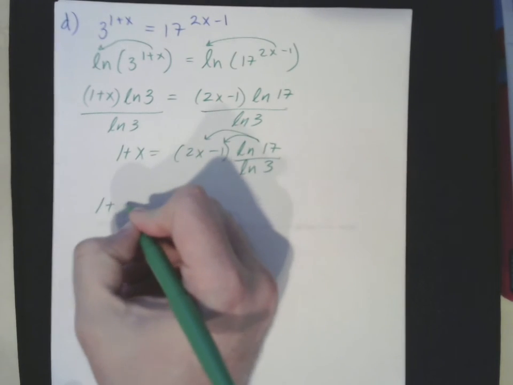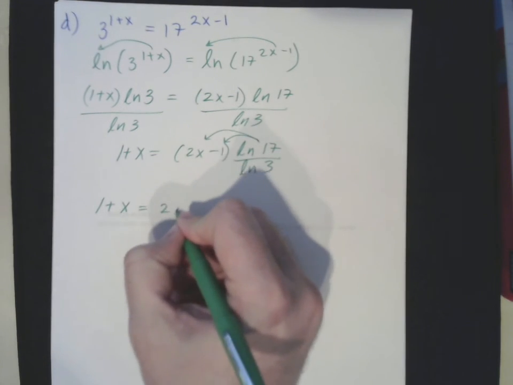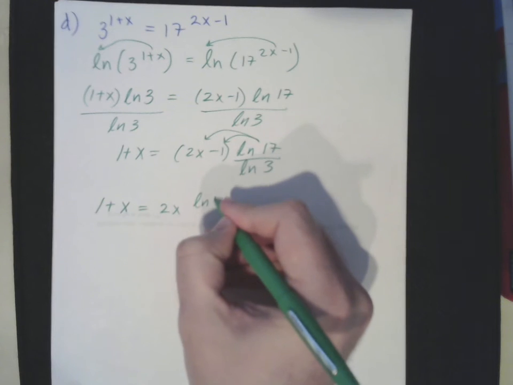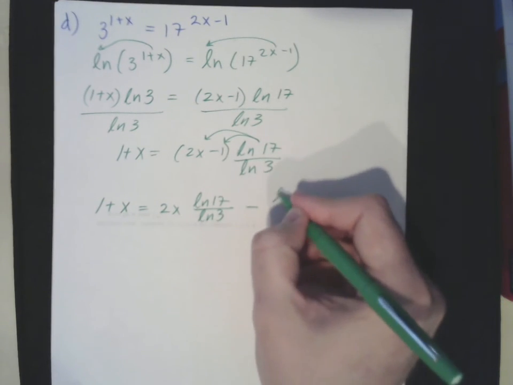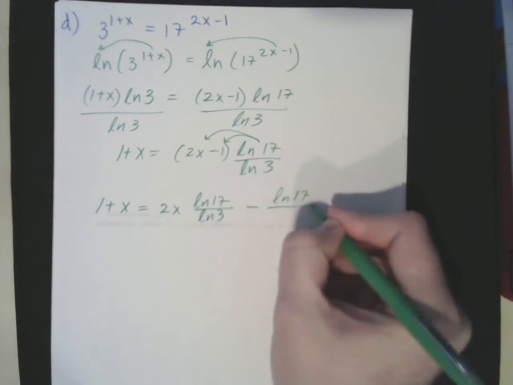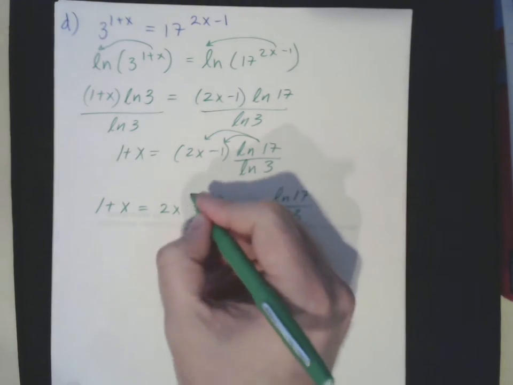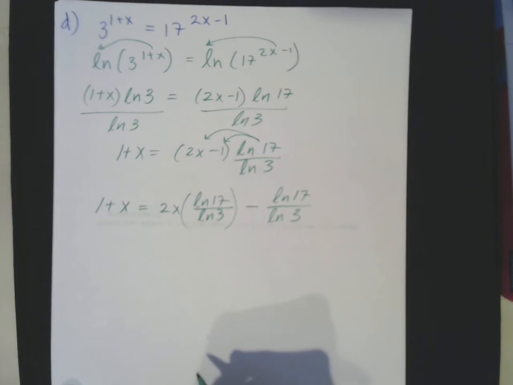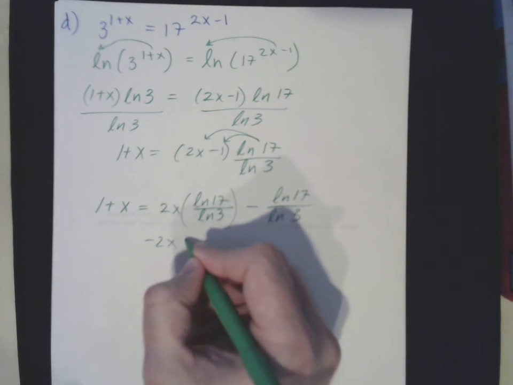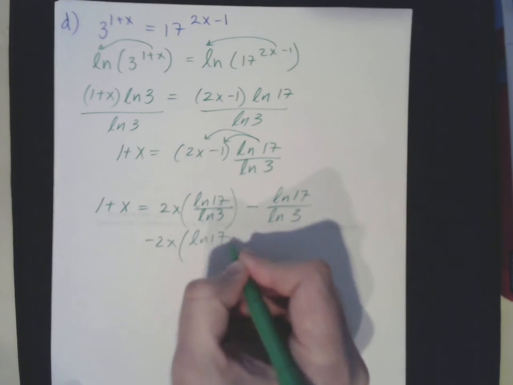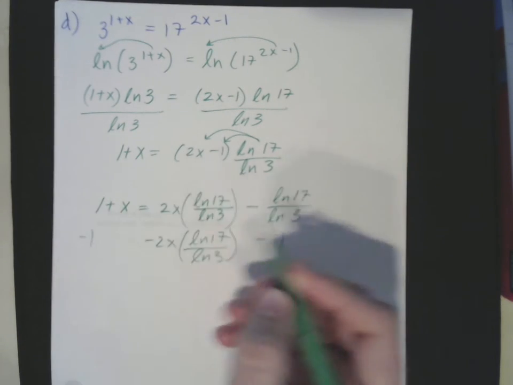So we end up with 1 plus x equals 2x times ln 17 over ln 3 minus ln 17 over ln 3. And so this is being multiplied here. Then we're going to subtract over the x minus the 2x ln 17 over ln 3. And we're going to subtract the 1 this way.